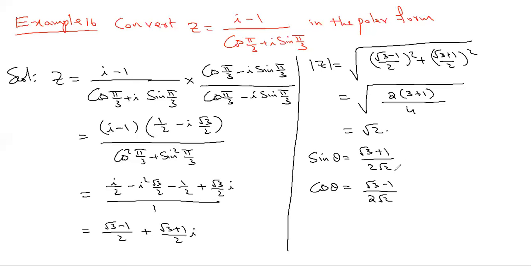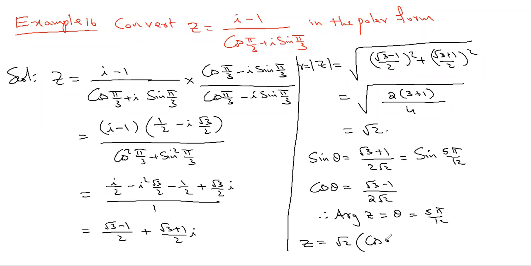Both are positive values, so it is a first quadrant value, and you can write 75 degrees as 5 pi by 12. So the argument of z, theta, equals 5 pi by 12, and the modulus is r equal to root 2. So the polar form is z equal to r times cos 5 pi by 12 plus i sine 5 pi by 12.